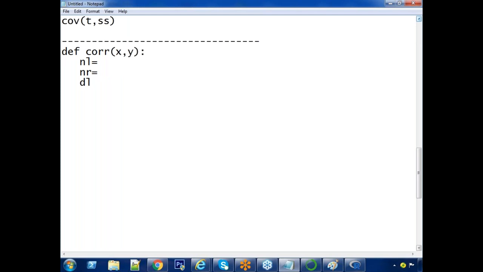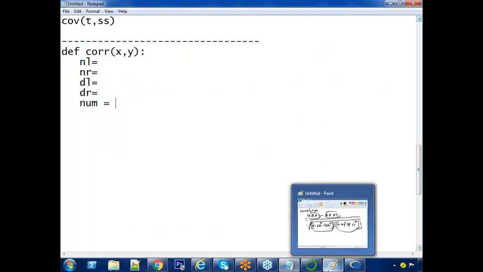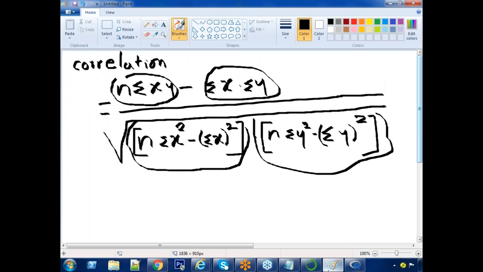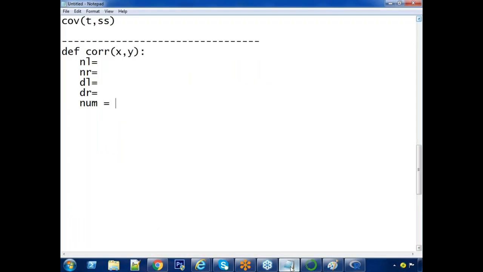Denominator left side, denominator right side. Then what is numerator? Just check the formula. Numerator left minus right.